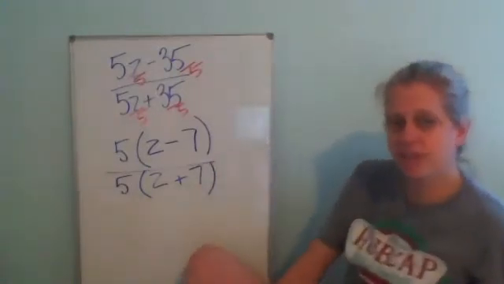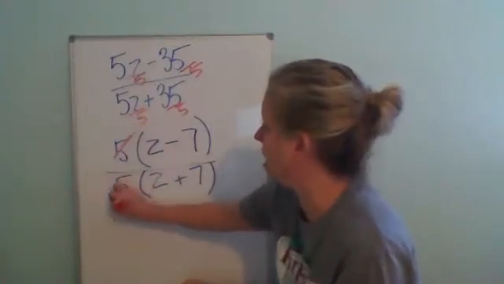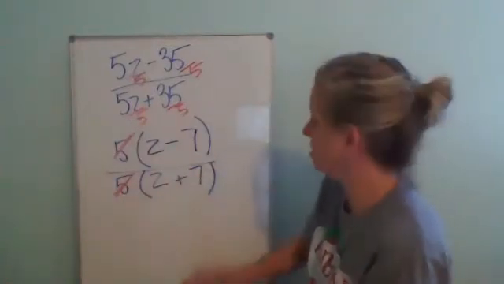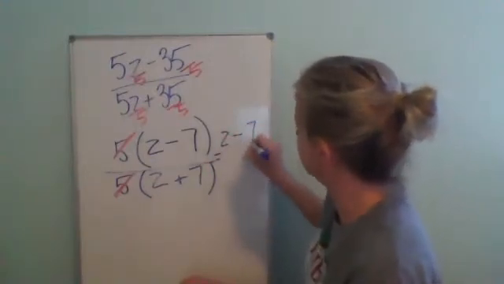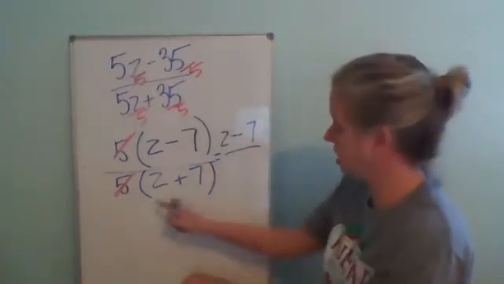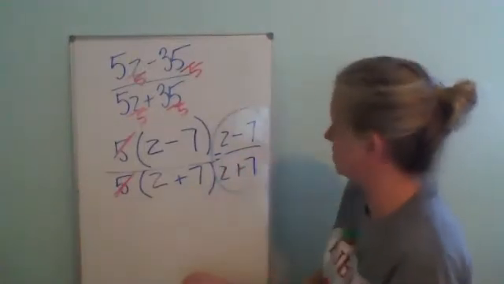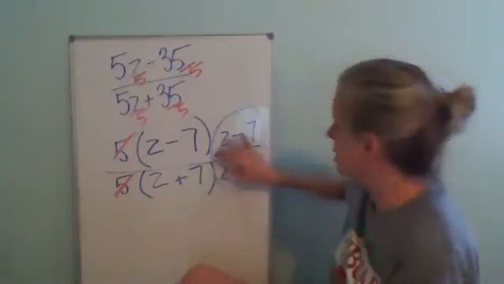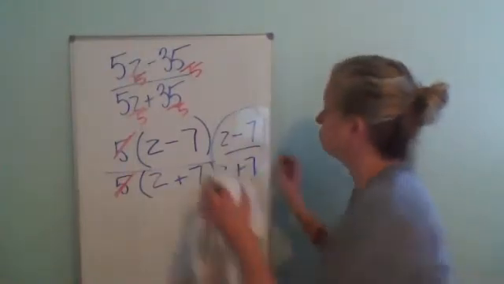So once you have everything in factored form, then you can go through and do your canceling. Well, this 5 will cancel that one. So all you're left with in the top is the z minus 7, and in the bottom, you are left with z plus 7. So z minus 7 over z plus 7 is your answer.